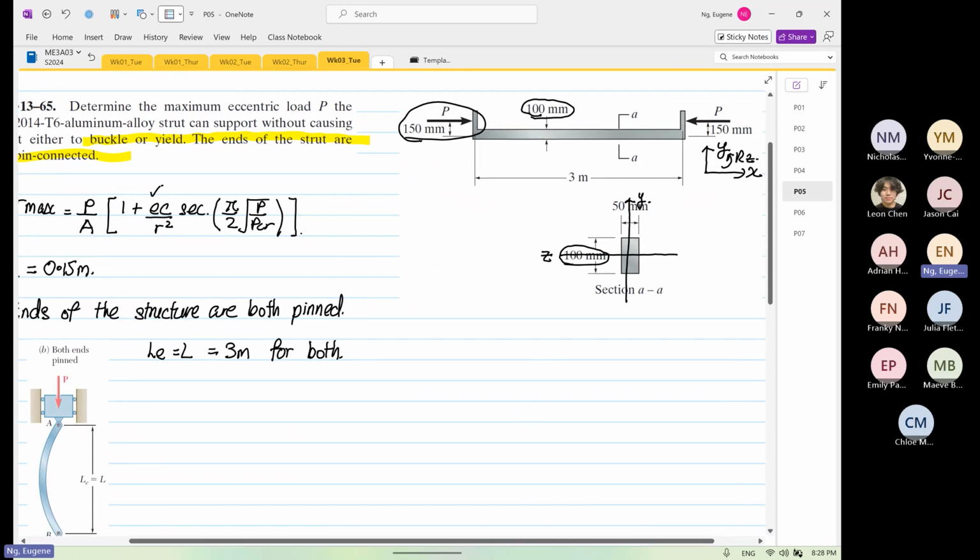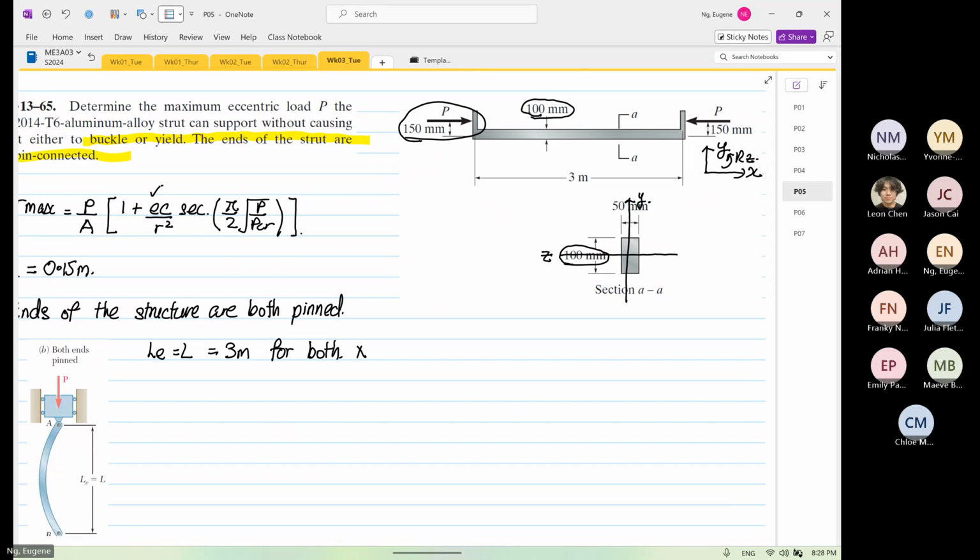For both the XY plane, and also our what? XY plane is one way of buckling, and another way of buckling is the other.